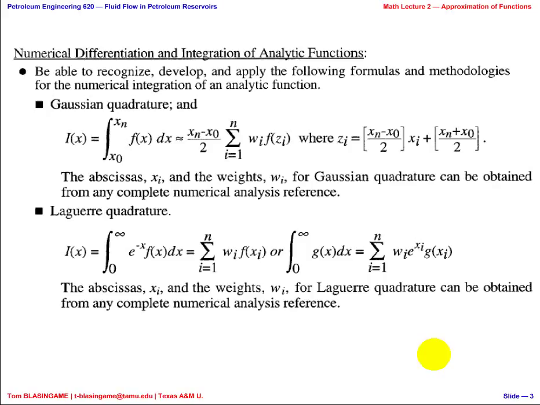Now that I've said that, you probably think, well, okay, I bet I can rearrange this into giving me a formula, because the more terms I specify, the more n values I specify, the higher the order of accuracy of Laguerre or Gaussian quadrature.